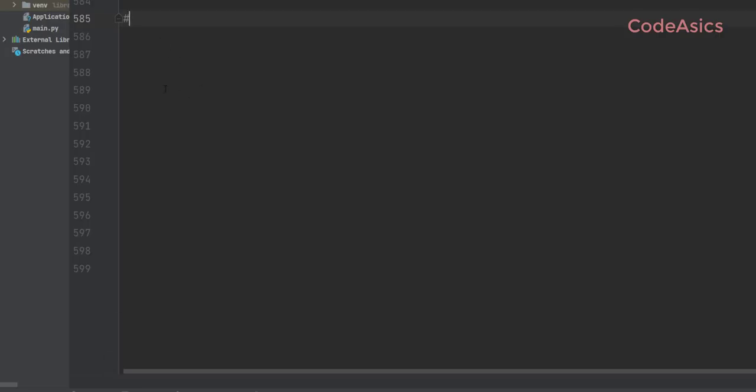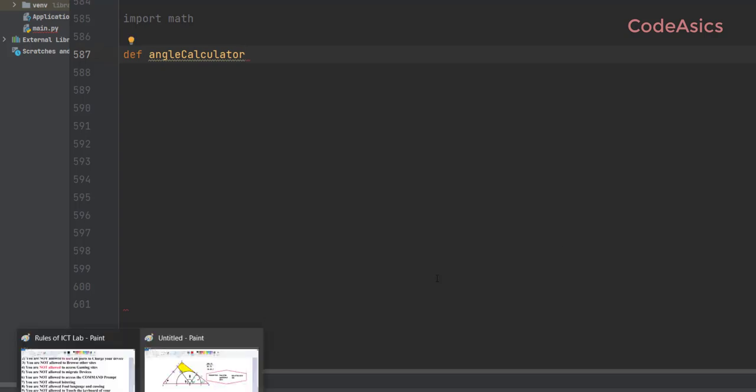So in PyCharm, what I'm going to do is import the math module. I'm going to say import math, and then I'm going to define a function. So def is going to be angle_calculator. Now which angle am I going to calculate?